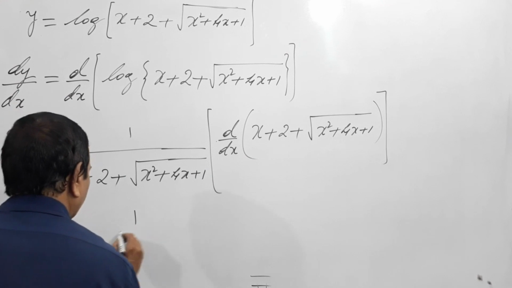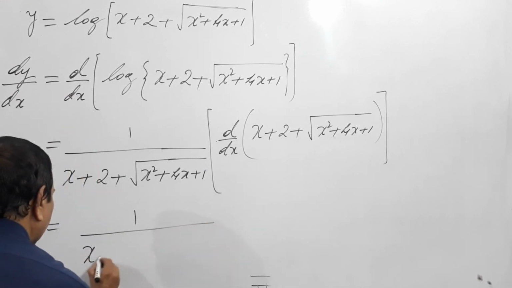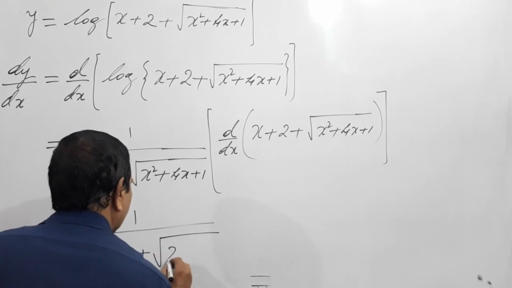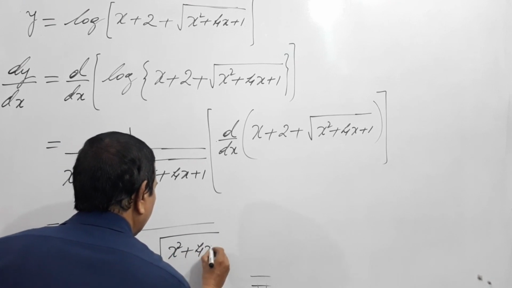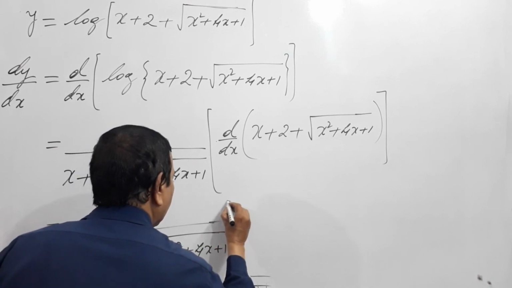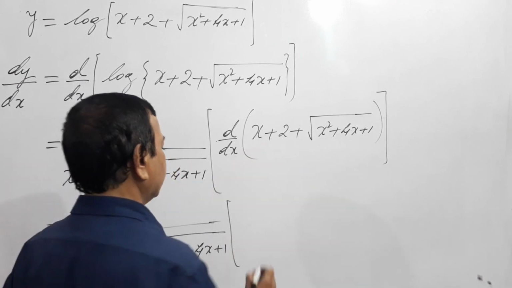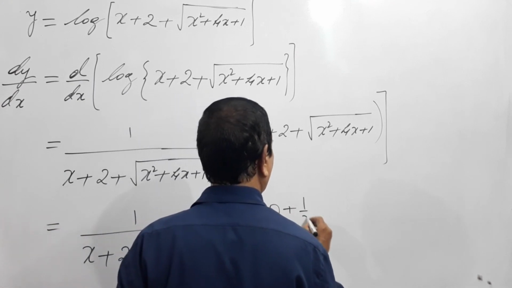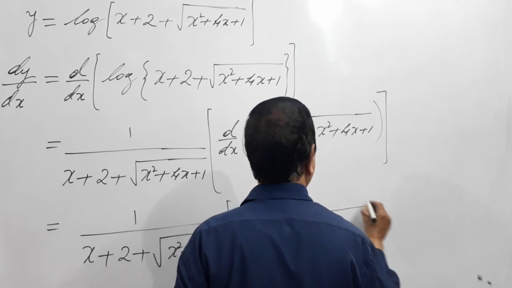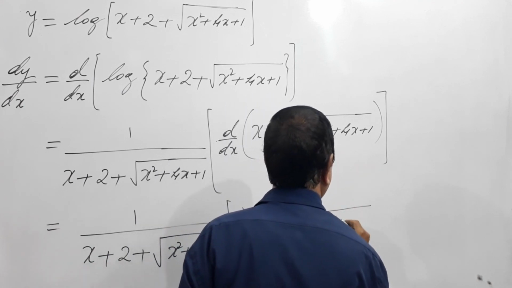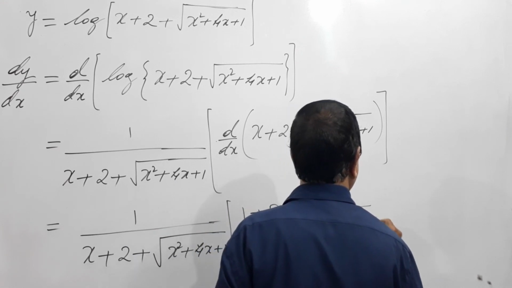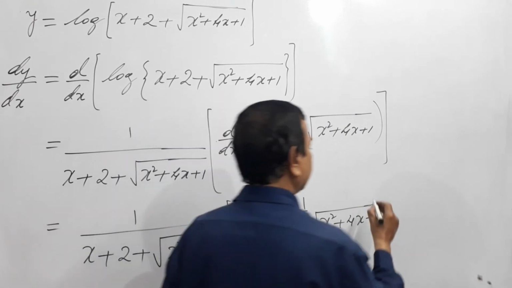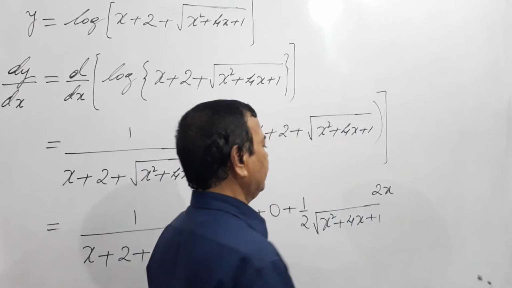This equals 1 by x plus 2 plus under the root x square plus 4x plus 1. So d by dx of x is 1, plus this is 0, plus half into x square plus 4x plus 1 into d by dx of x square, which is 2x, d by dx of 4x becomes plus 4.